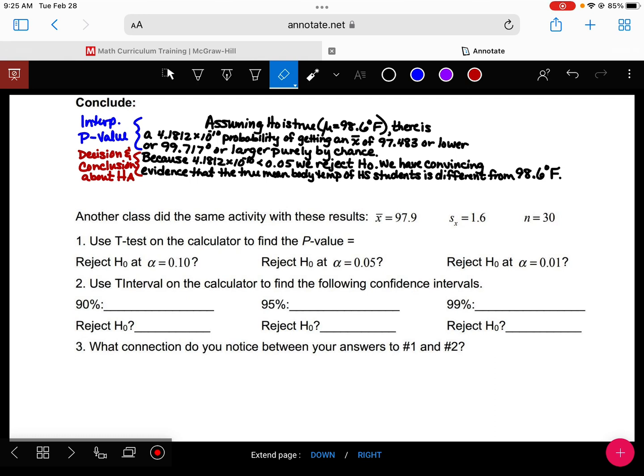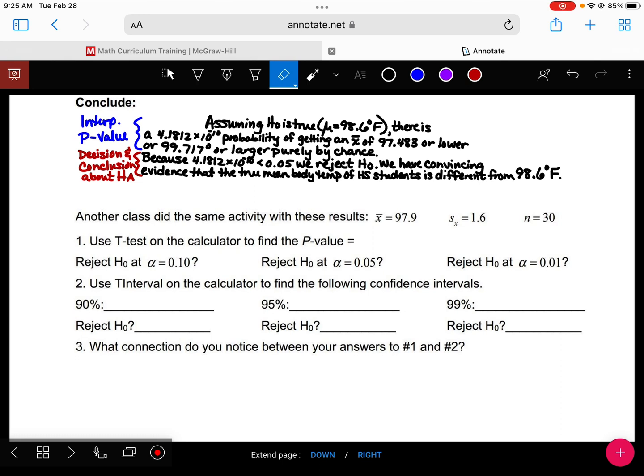Null mu, yep, 98.6, right? X bar, 97.9. Sample standard deviation, 1.6, and an N of 30.